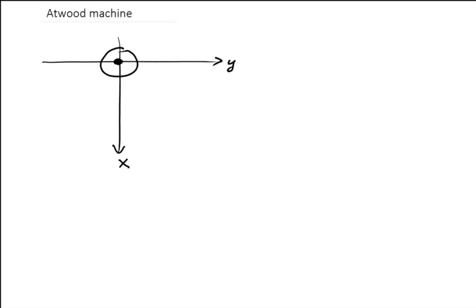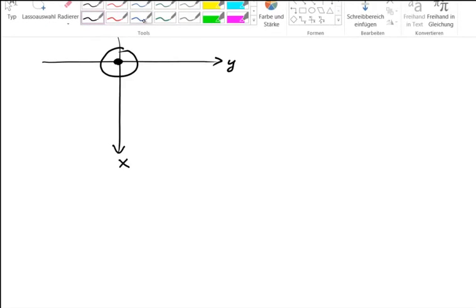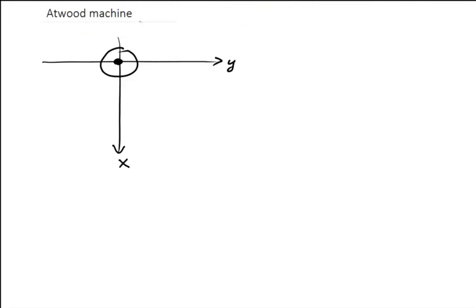I draw this in 2D. You have two masses, M1 and M2. These two masses are connected by a rope.